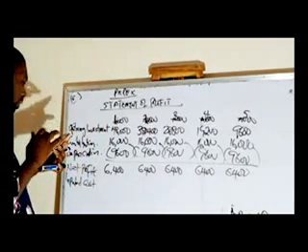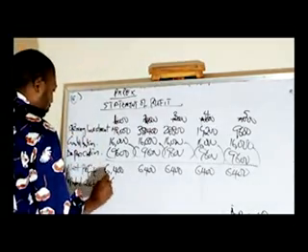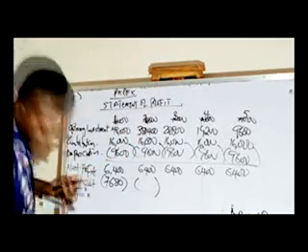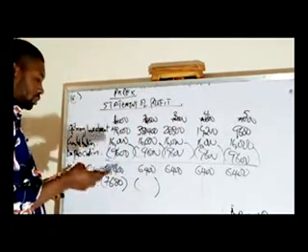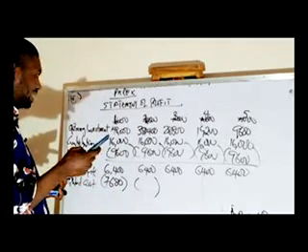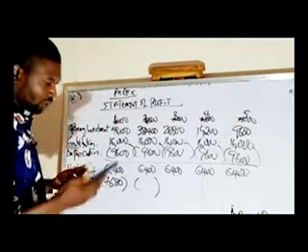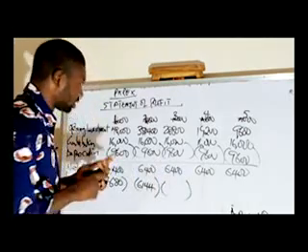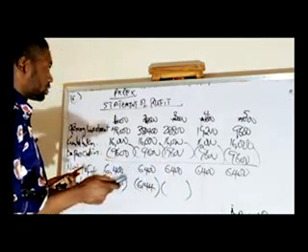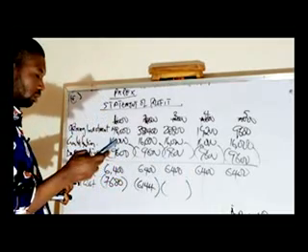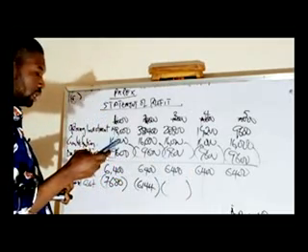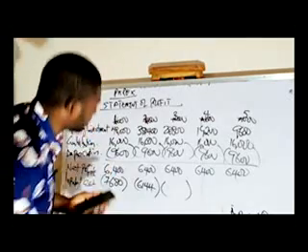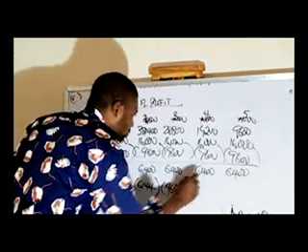So 7680. Then 16% of 38,400 will give us 6144. 6144. 16% of 28,800 will give us 4608. 4608.